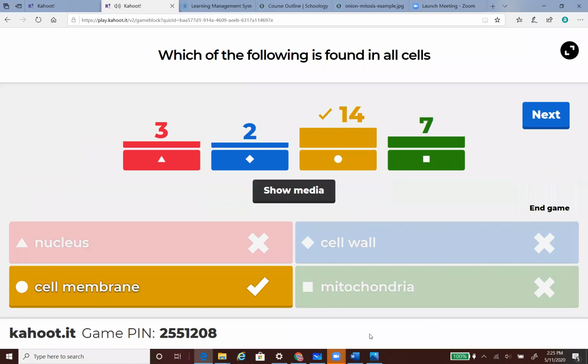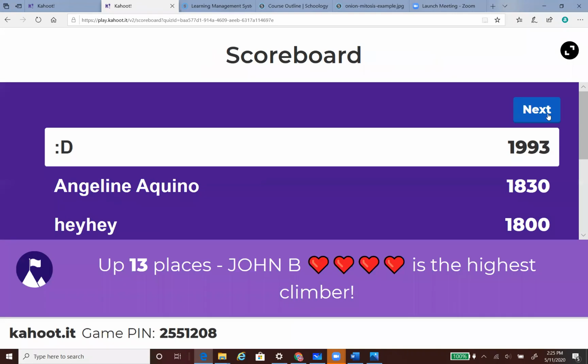All right. Yes, that's right. Not all cells have a nucleus. Not all cells have a cell wall. And bacteria don't have mitochondria. So, the best answer, cell membrane. Very good. All right. Next question. Here we go.